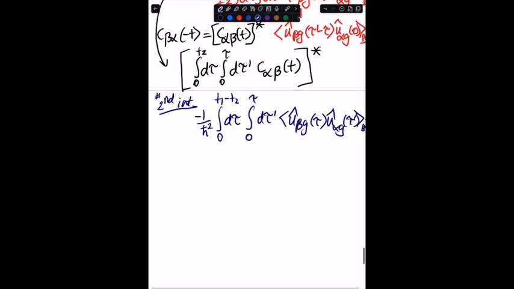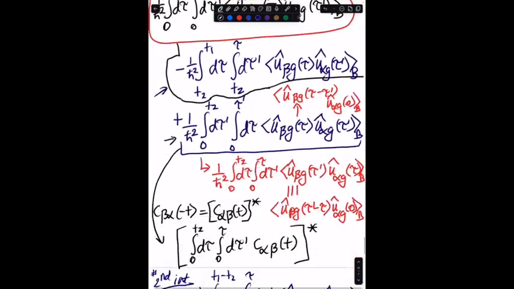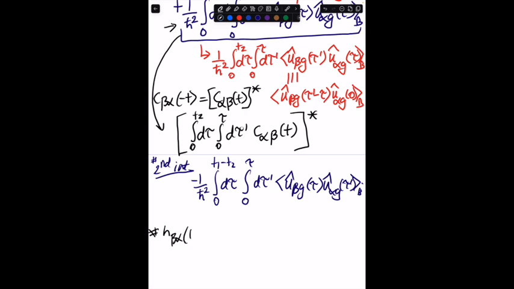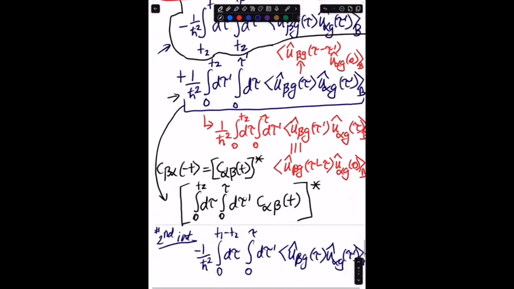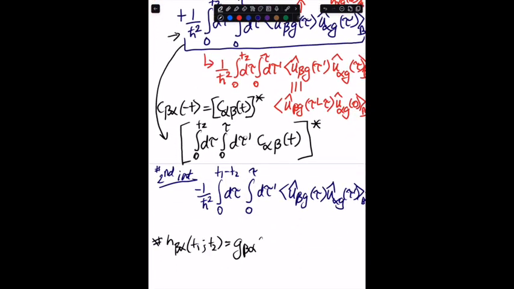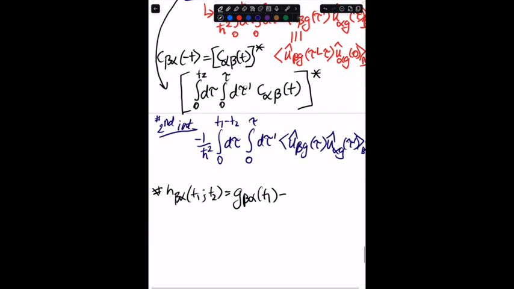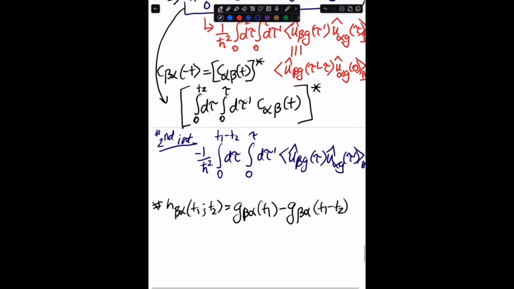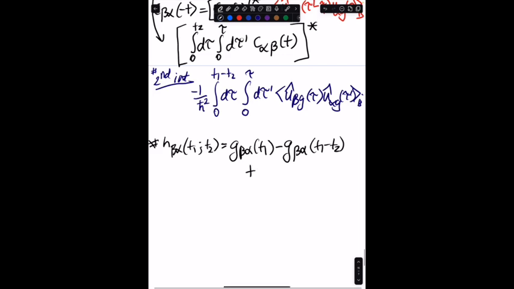So let's go back to writing the integral which we wanted to evaluate, which is, sorry, not h bar, I apologize, it's h beta alpha, which depends on two variables t1 and t2, and can be written as the first integral, which is g beta alpha t1, and then the second integral right above, minus g beta alpha t1 minus t2, and the third integral which is just plus g alpha beta t2 star.